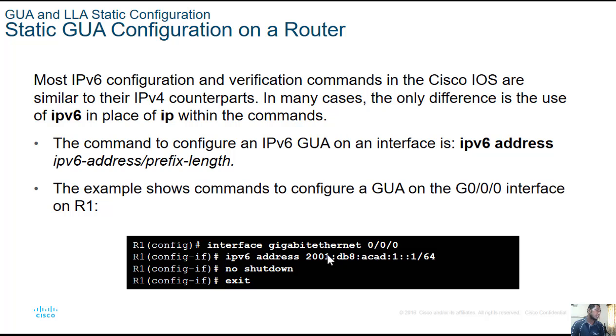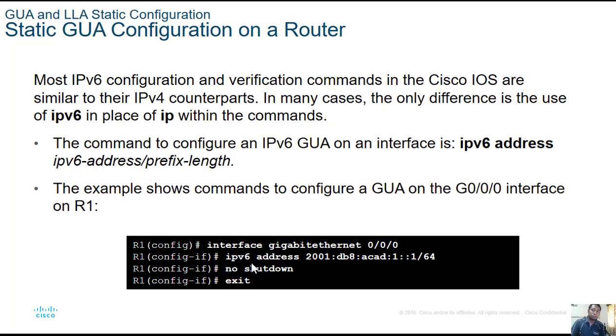With IPv6, all we're adding is the v6 to indicate that it's version 6. That's the only difference, the use of ipv6 in place of ip within the commands. In many cases, that will be the main difference. The rest of the configuration commands will typically be the same.